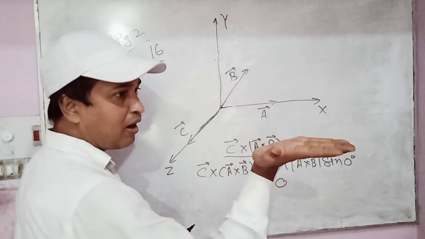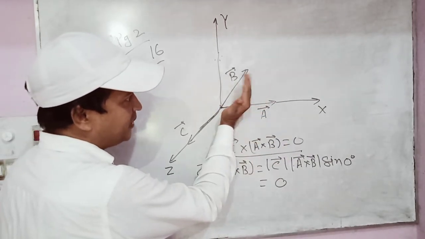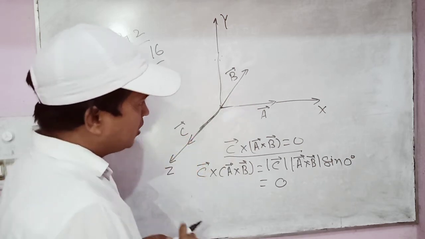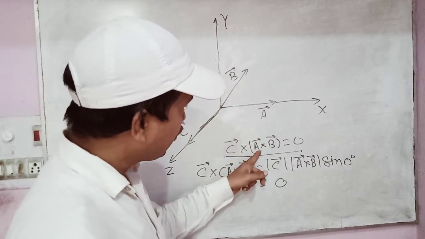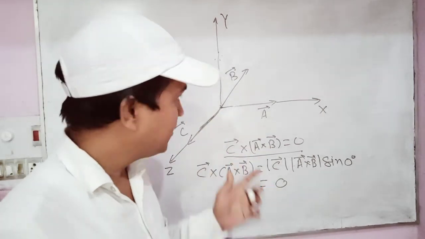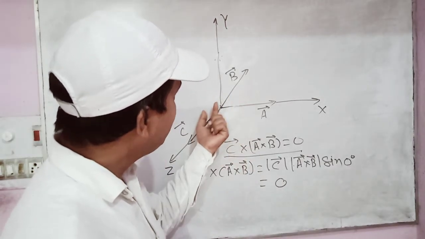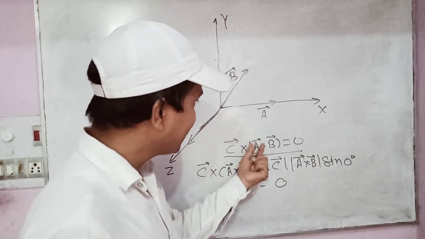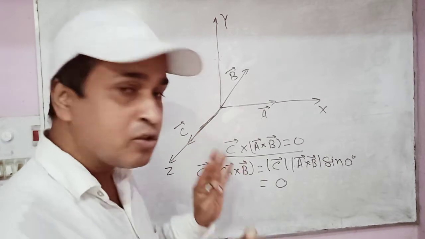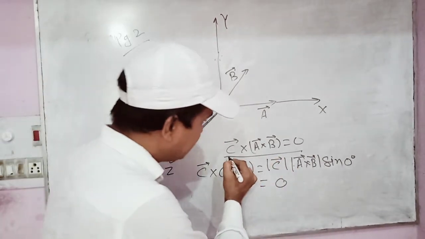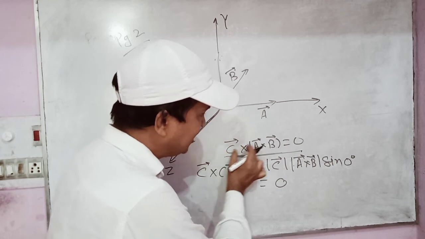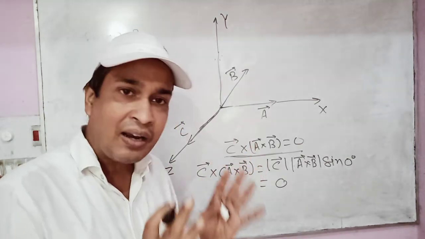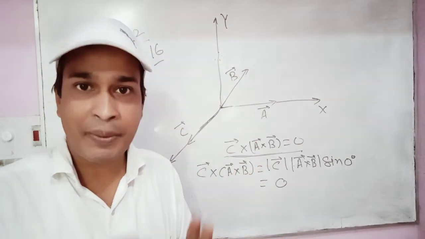We point four of our fingers along A and curl them around B, and the thumb points towards A cross B, which is along C. So the angle between them is 0. So when B is not along the y axis, that is, the three are not perpendicular, the result is still 0. So the converse is not true. It is not necessary that the three vectors are mutually perpendicular.